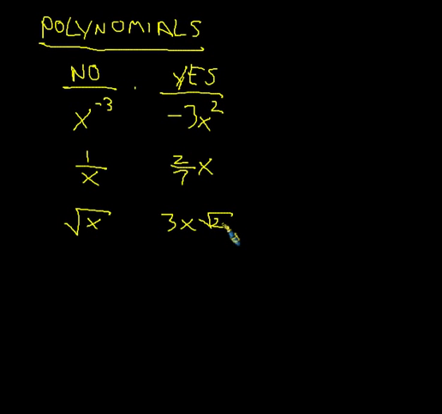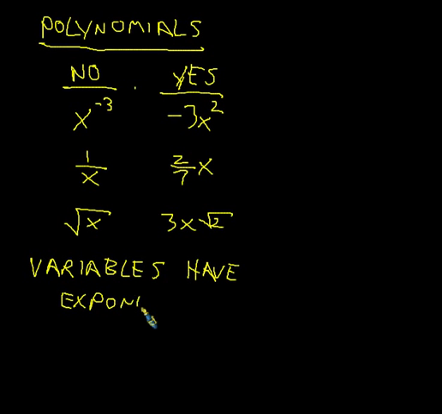So let's clarify a little bit here. What we're trying to get at is that variables in a polynomial should all have exponents that are positive integers, also known as whole numbers. If you have a polynomial, variables have exponents that are whole numbers.